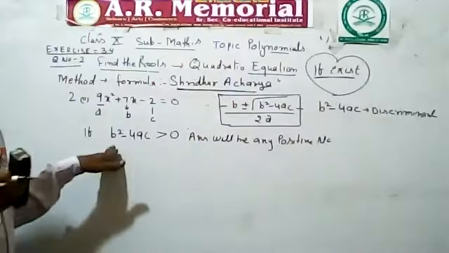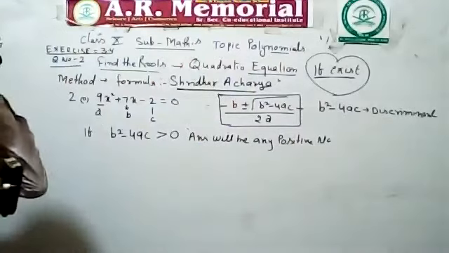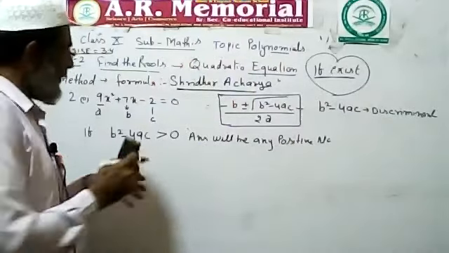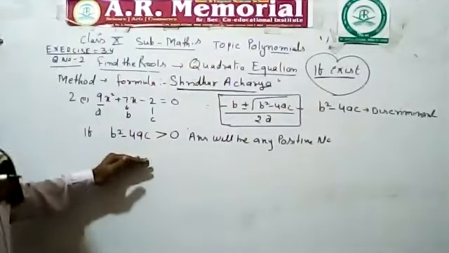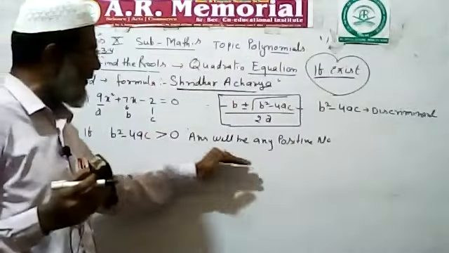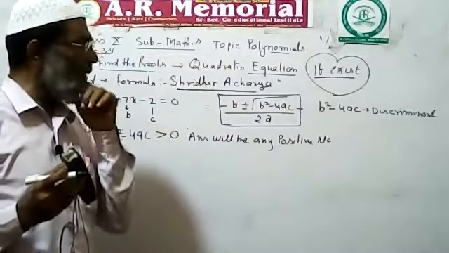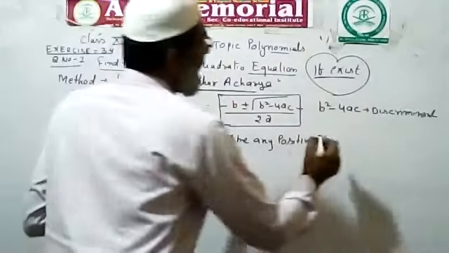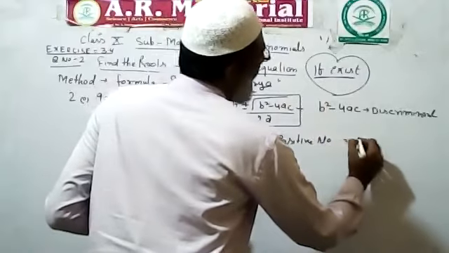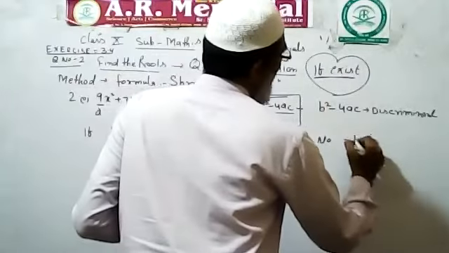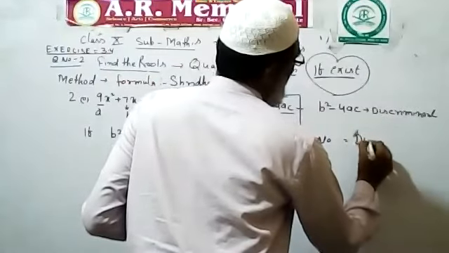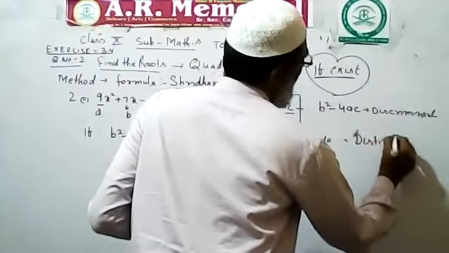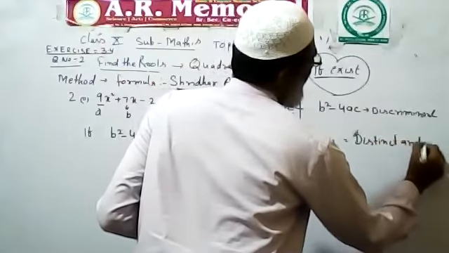Try to understand this language: the answer will be any positive number greater than 0. At that time the roots will be real and distinct.